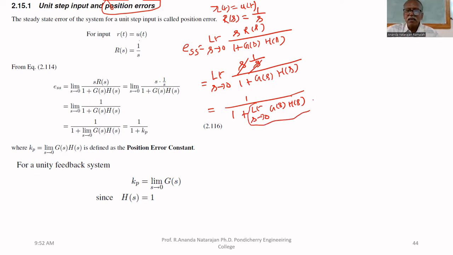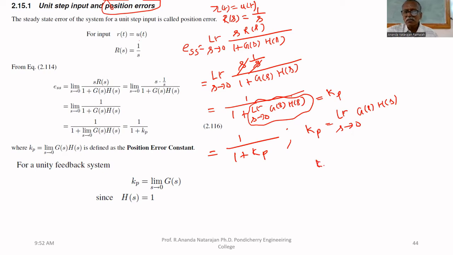So I can write like this. This can be called Kp. Limit s tends to 0, G of s, H of s equals Kp, if you assume like that, then we can write 1 by 1 plus Kp, where Kp equals limit s tends to 0, G of s, H of s.